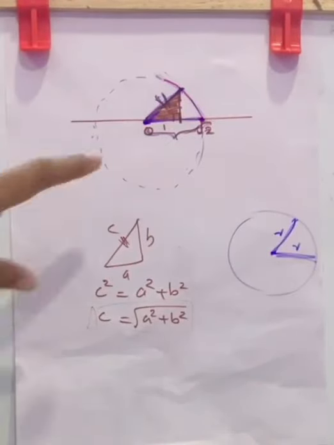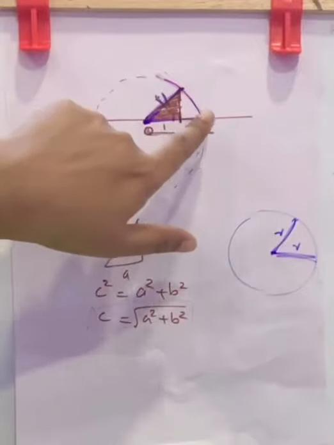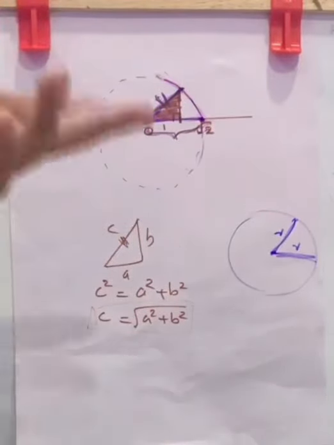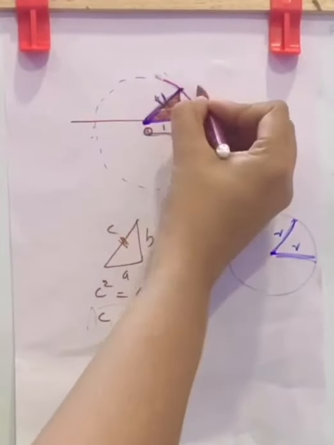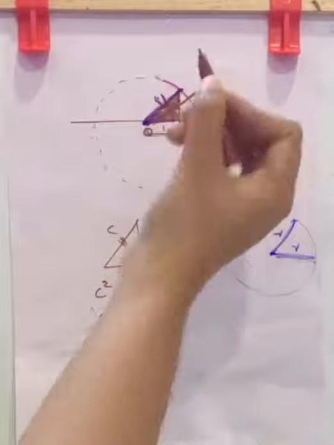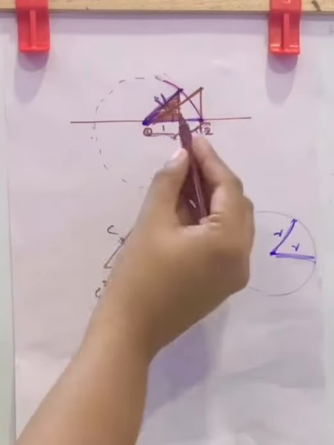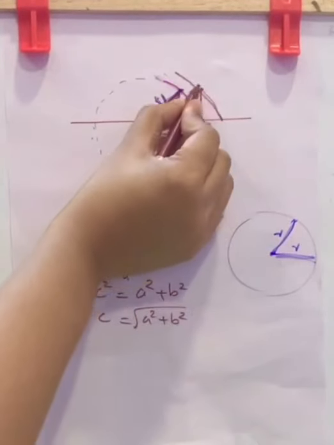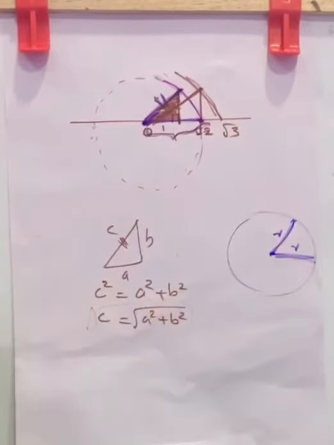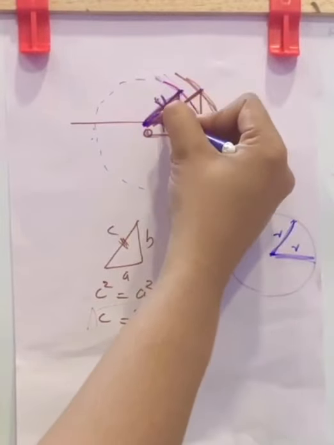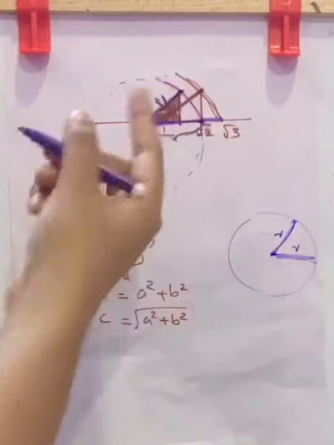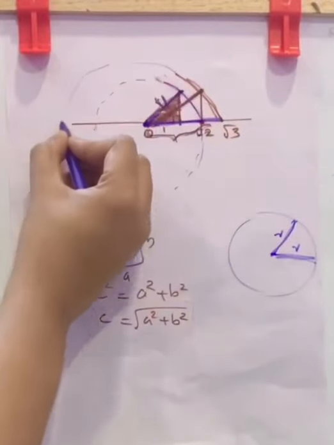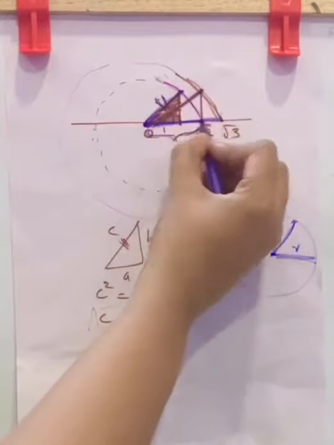Now, I told you this is root 2. If you want to find root 3, you draw another perpendicular from here, right? Then join a new radius. Then the arc falling from there will be root 3. How? This new radius and this length are radii of a bigger circle, right?